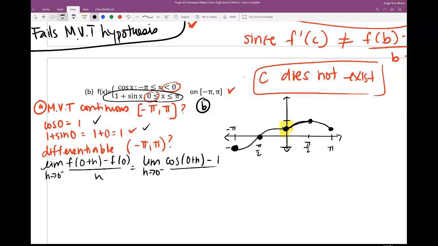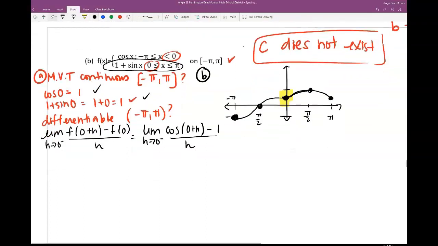So that's 1 all over h. Well, 0 plus h is 0, so it's limit as h approaches 0 from the left of cosine of h, minus 1, all over h.